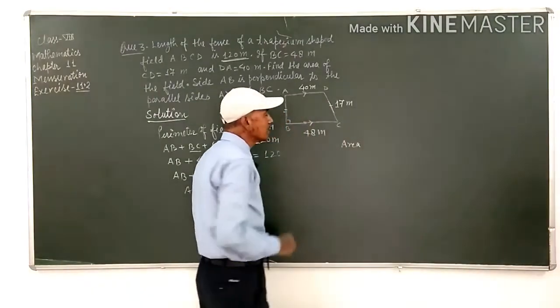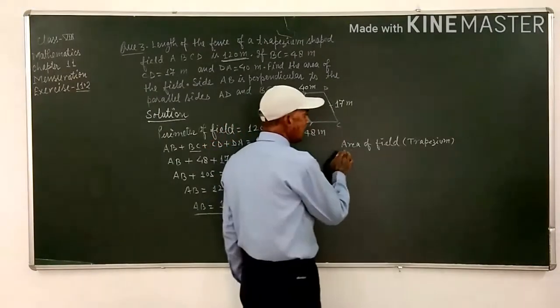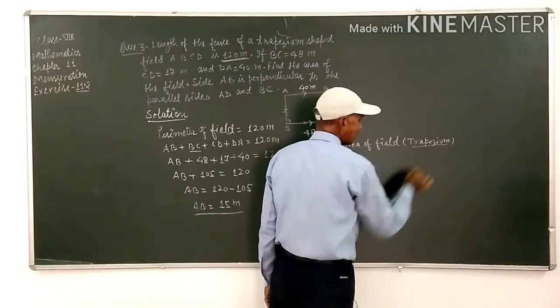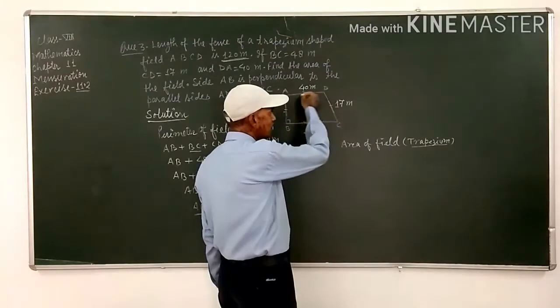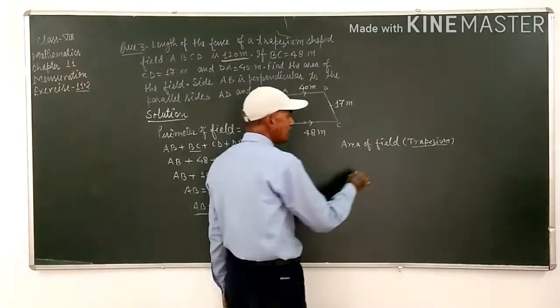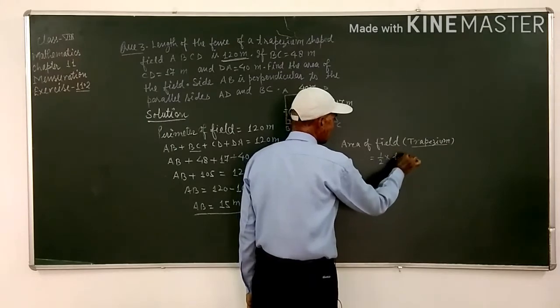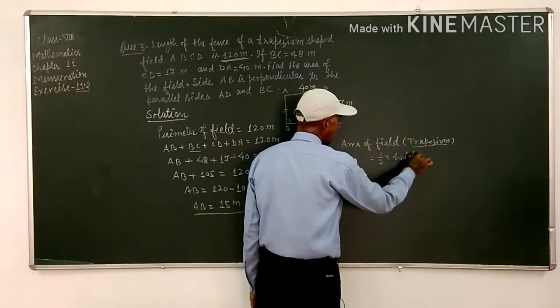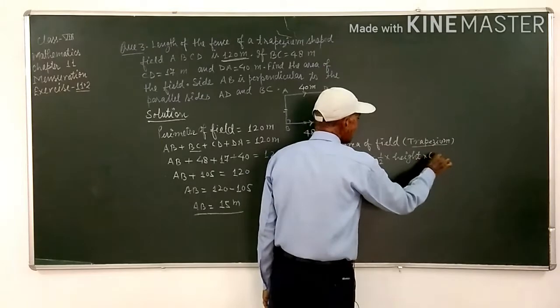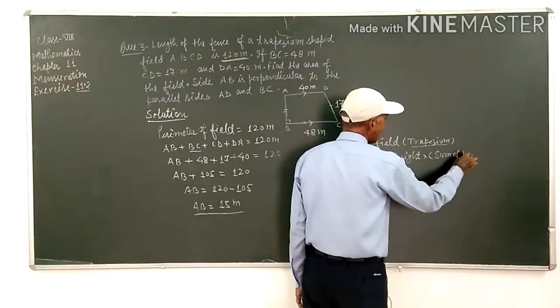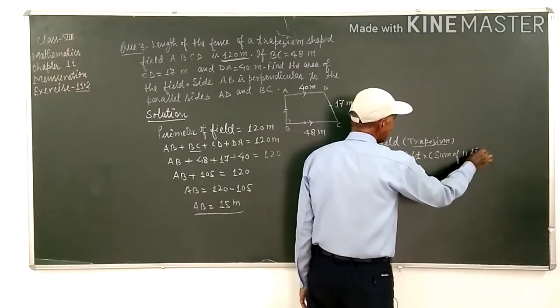Because this field is in trapezium shape, the area of the field means the area of the trapezium. Clear student? So it will be 1 by 2 into height into the sum of parallel sides.